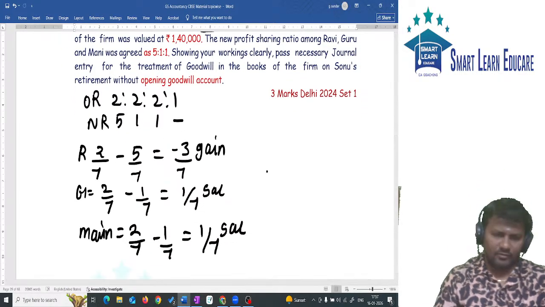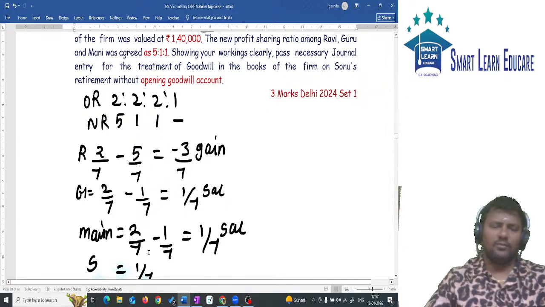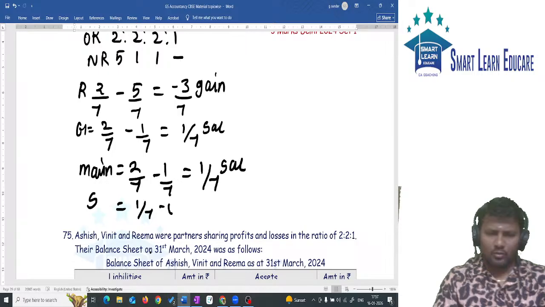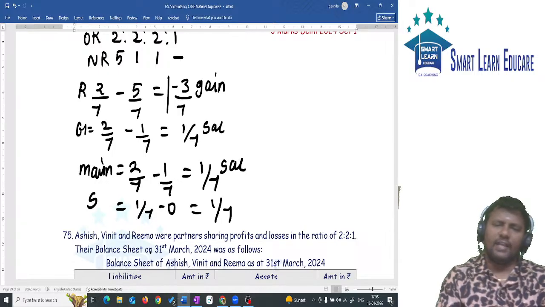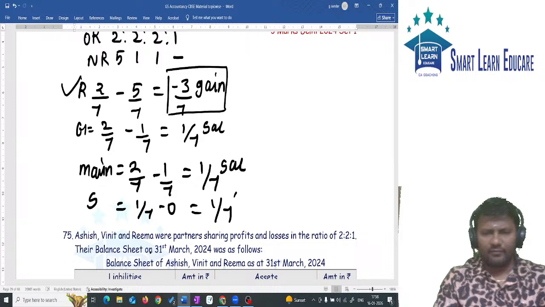Last, S, Sonu: his old ratio 1/7, new ratio 0. So you will get the answer as 1/7. So who is gaining? Only one partner is gaining. Who is that? R. The remaining partners are all sacrificing.